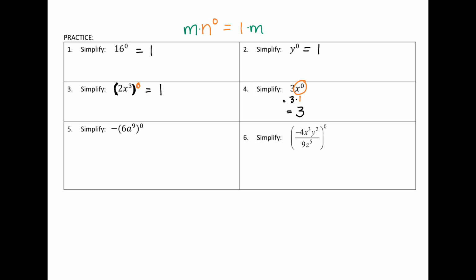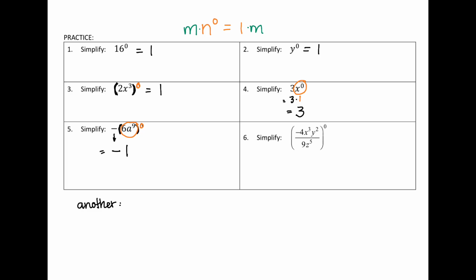Okay, so here the 0, the exponent, is immediately behind the parentheses. So that means everything in the parentheses is to the 0 power. The negative is not affected. It comes down. And everything in the parentheses to the 0 power means 1. So this is negative 1.